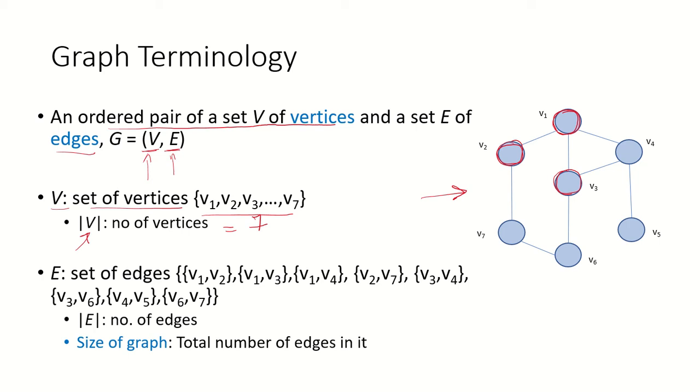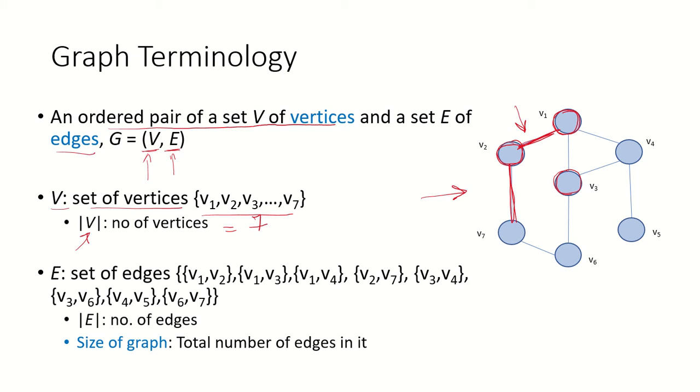If we talk about an edge, then that means it is a connection between two vertices. So a connection between vertices V1 and V2, this is an edge. A connection between V2 and V7, this is an edge.